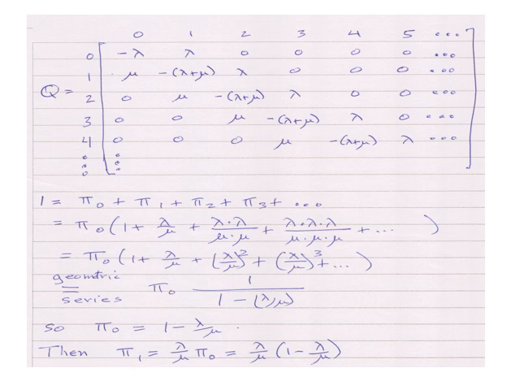Pi 2 we can get in terms of pi 0. The coefficient would be lambda over mu and another lambda over mu. In other words, lambda over mu squared. Similarly, pi 3 we can get in terms of pi 0, and the coefficient would be lambda over mu cubed.